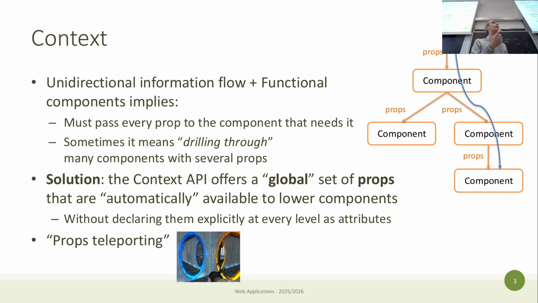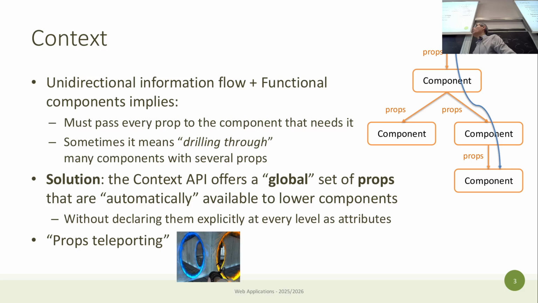Okay, and this is good from the point of view of making the movement of the information very clear inside the application, because it's also a way of documenting which information is passed from one component to another and so on.